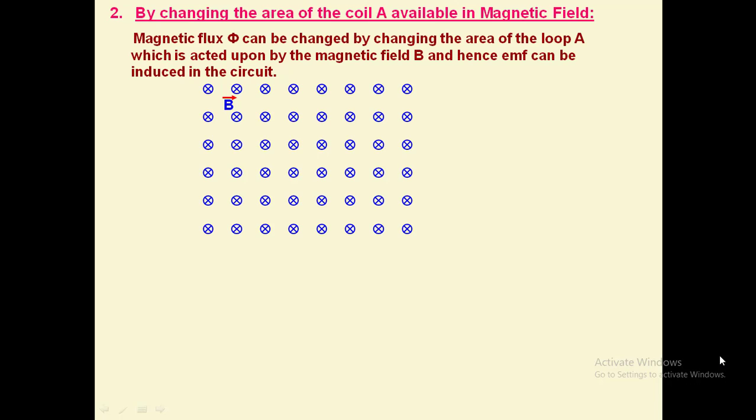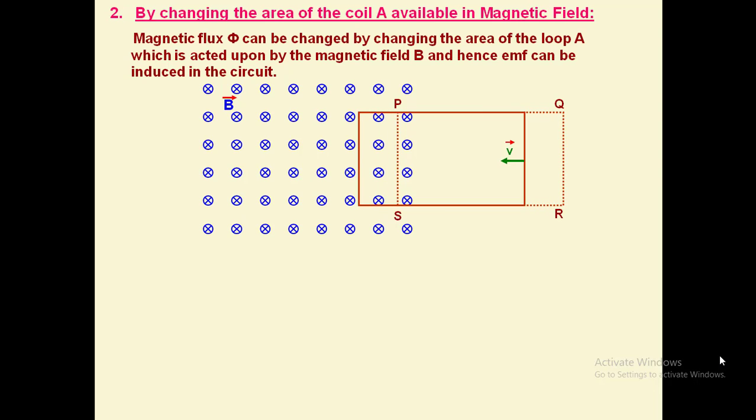Here the direction of magnetic field is into the plane of the paper. Let's imagine a rectangular coil PQRS. Now I am going to move the rectangular coil inside the magnetic field. Now whenever the coil is moved inside, the area with which the flux is linked is going to change.